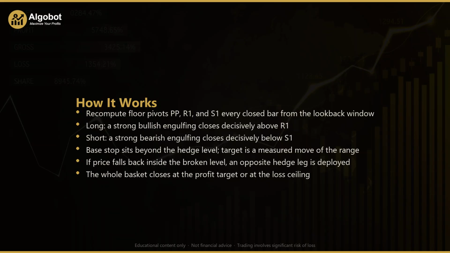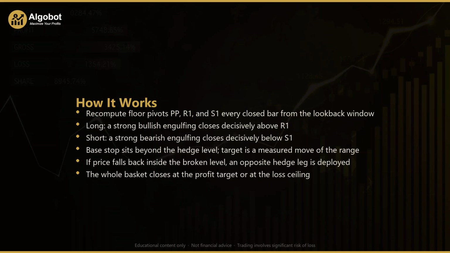Now the entries. The strategy only looks for a new setup when it is completely flat. For a long, it needs three things to line up on the just closed candle. First, that candle must be a bullish engulfing. Its body must fully cover the previous candle's body. Second, it must be a strong-bodied candle, meaning the body is at least 55% of the full range, which filters out weak, wicky bars.